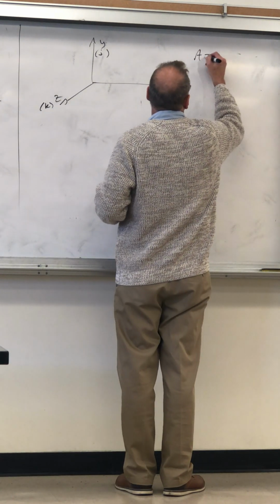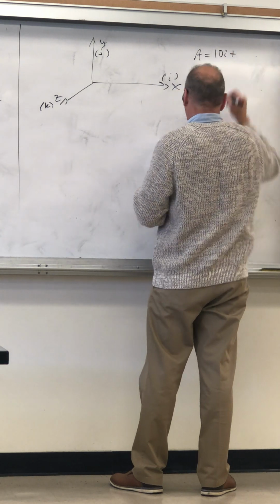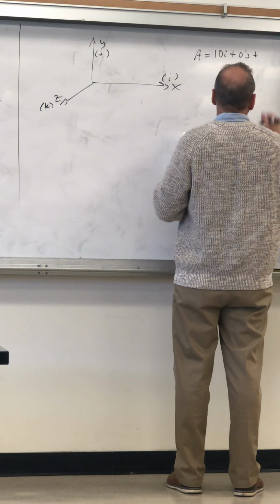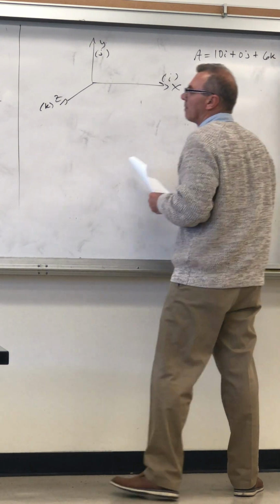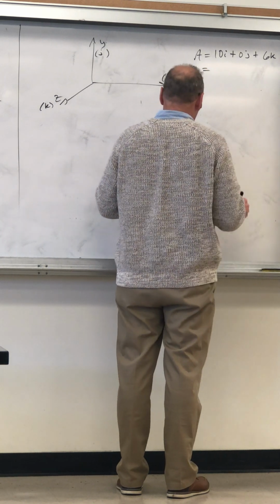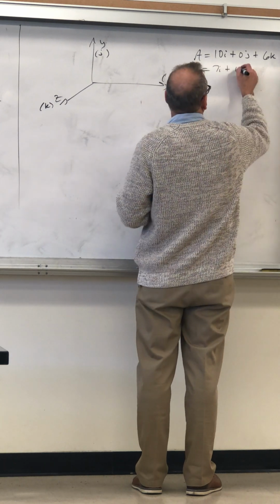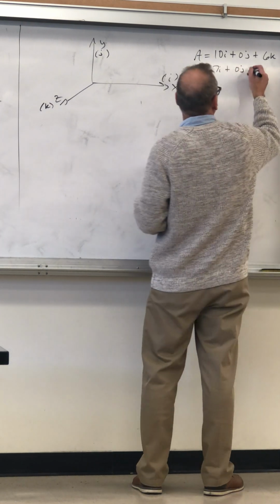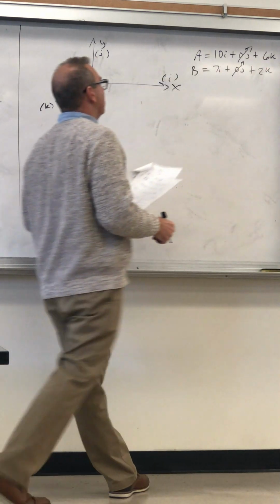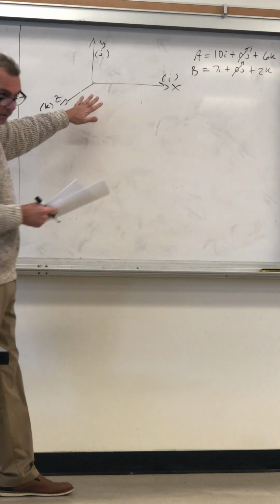There's A, which is 10I plus 0J plus 6K. And B is 7I plus 0J plus 2K. So this goes out and it's in the I and K direction, so both of them are going to be in this plane. Okay?